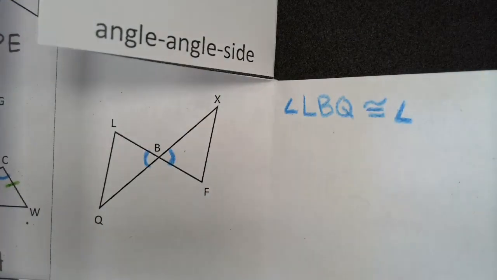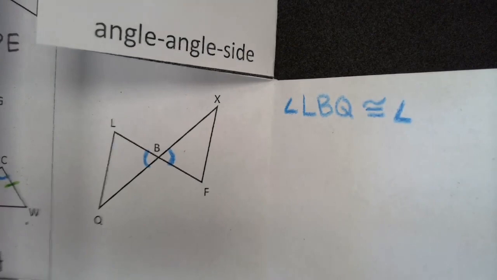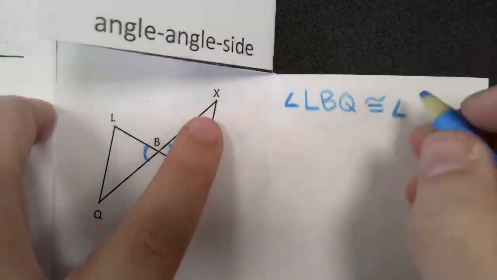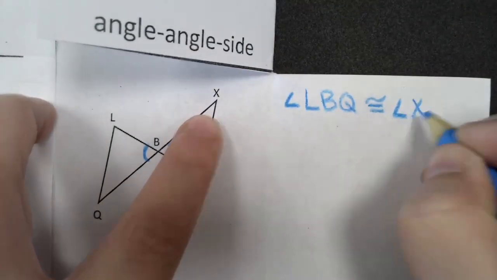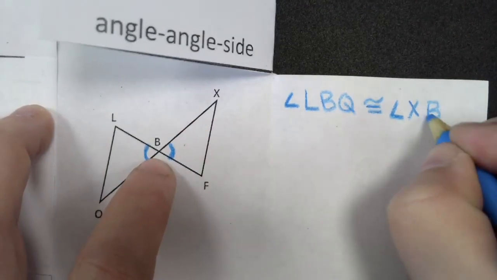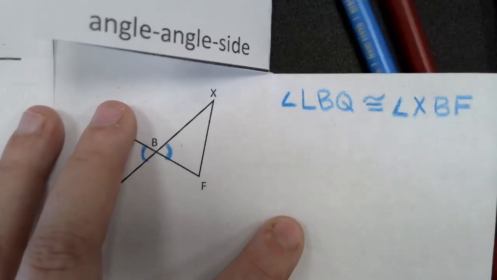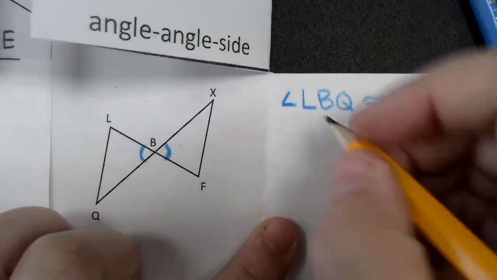We want B now to be in the middle of our next one. Doesn't matter the order. It's not like triangles where it has to match. L doesn't have to match with the other part, but the B does have to come in the middle. So we could say X, B, F. Yep. Okay. And maybe write in there that that's vertical angles.